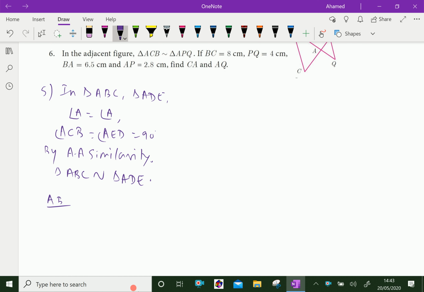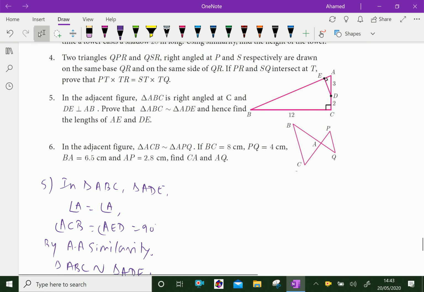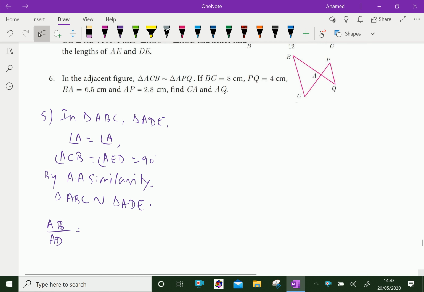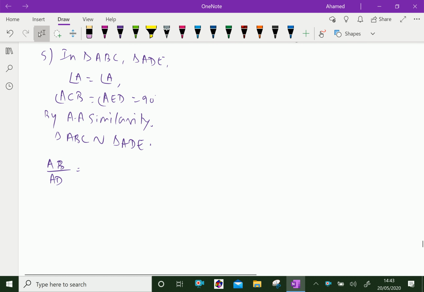Here AB is opposite to the 90 degree angle C, and AD is opposite to the 90 degree angle E. AB over AD is equal to BC over ED, which is further equal to AC over AE. Here these ratios are equal.